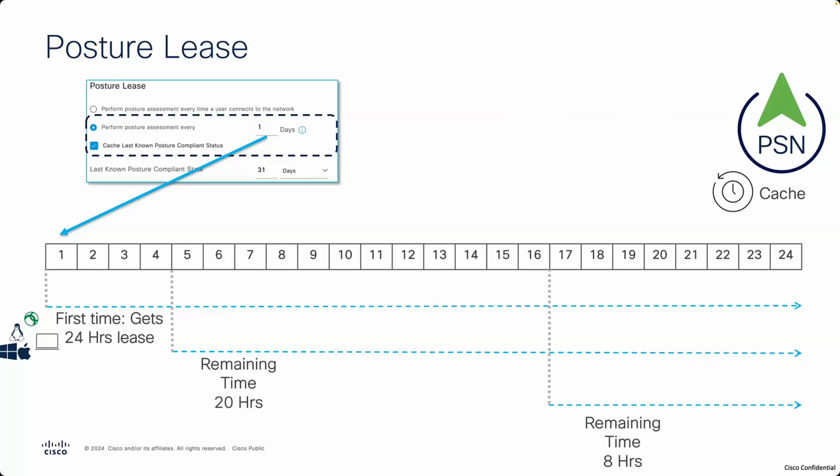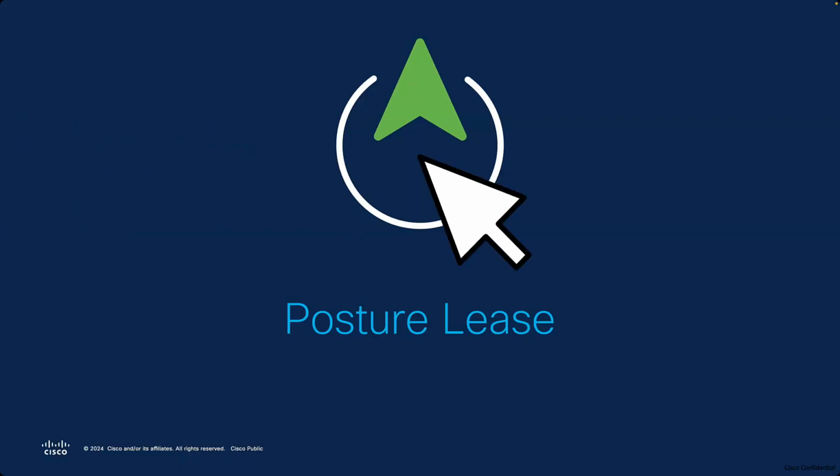Beyond 24 hours, when it connects back to the network, that's when ISE will forcefully ask the Cisco Secure Client to assess the posture policies again, to get a fresh 1 day posture lease period. So that's how it works. Let's see it in action.